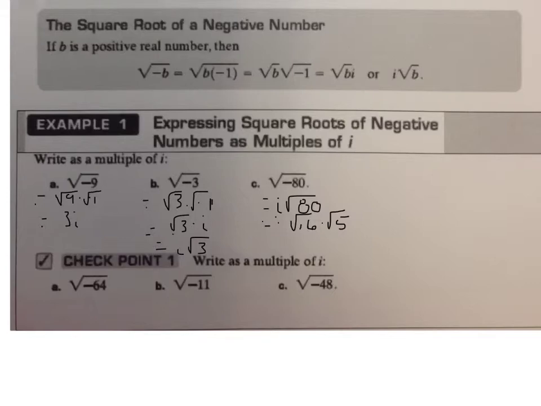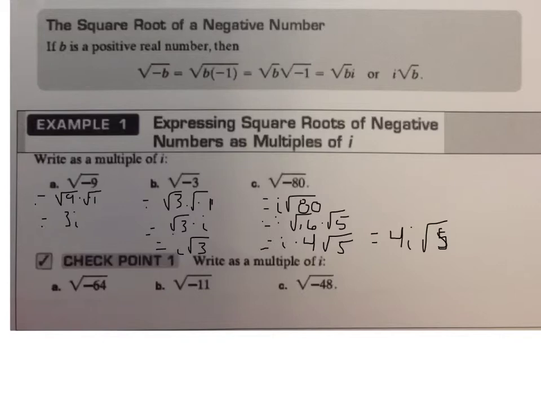And I can take the square root of 16. That's 4. So that equals I times 4 times the square root of 5. And I always write the I after my whole numbers. Before the square root, I write the I before the square root, but after whole numbers. So this is going to become 4I square root of 5.